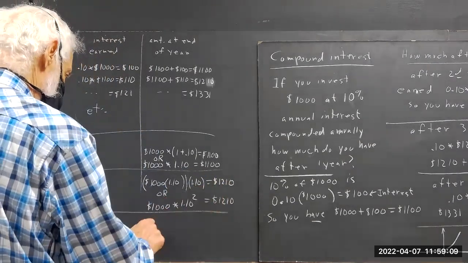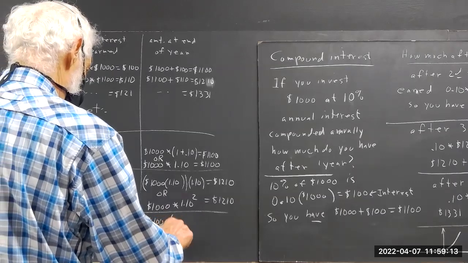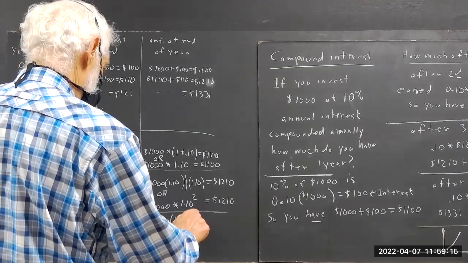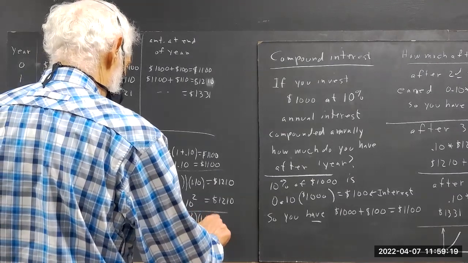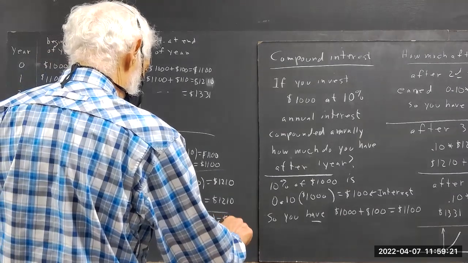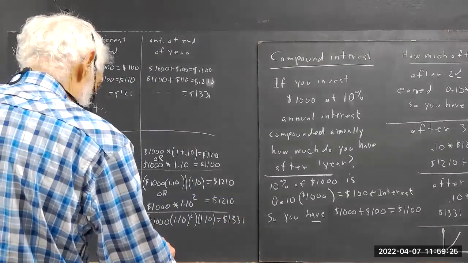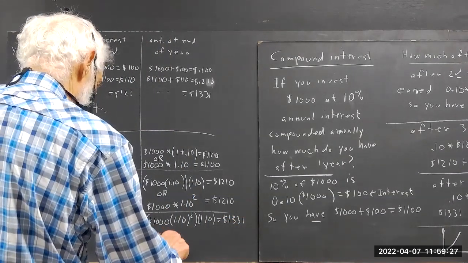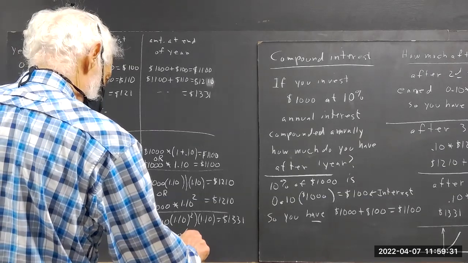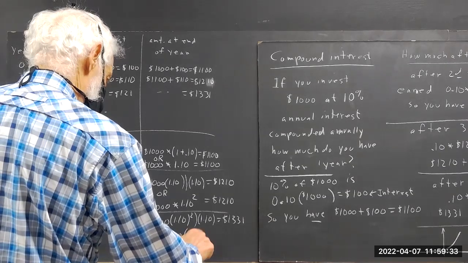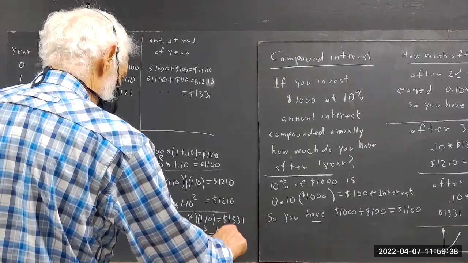Should have drawn these lines originally, but we have 1,000 times 1.10 squared times 1.10, that is 1331. Of course, that's the same as $1,000 times 1.10 cubed.